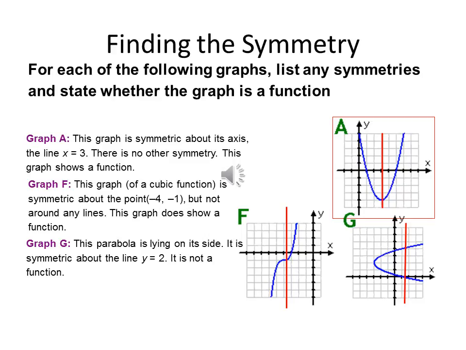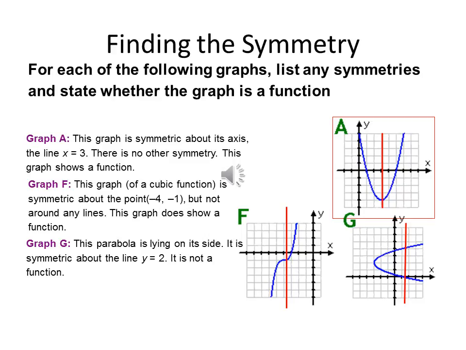Now, let's take a good look at graph G. Okay, we can tell that graph G is lying on its side. Let's run a vertical line test to see if it's a function.